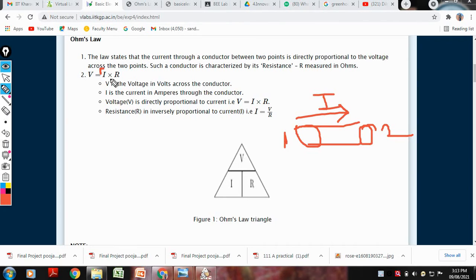That is, current I is directly proportional to the voltage. This is Ohm's law: the current flowing through a conductor is directly proportional to the voltage.